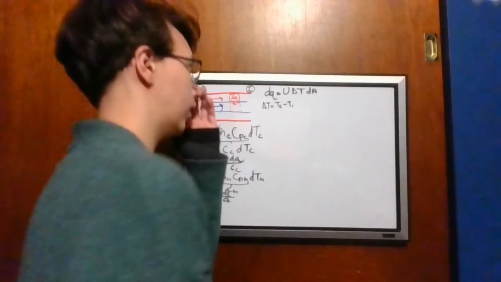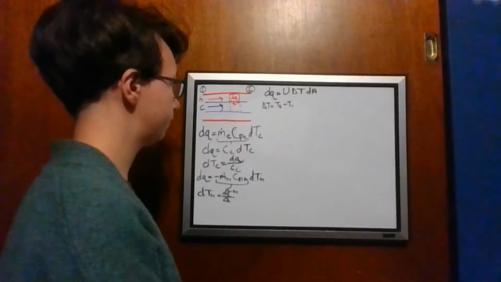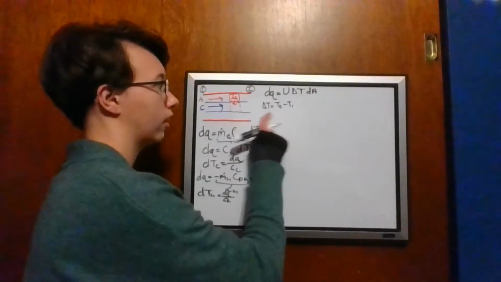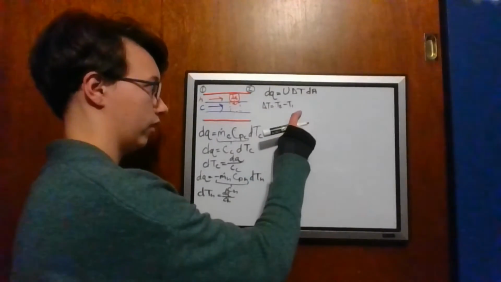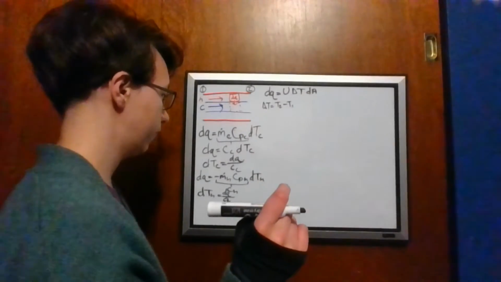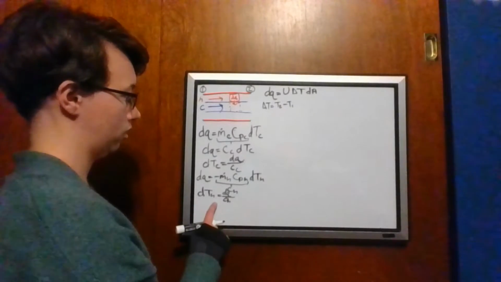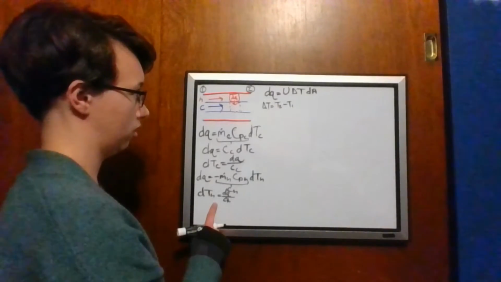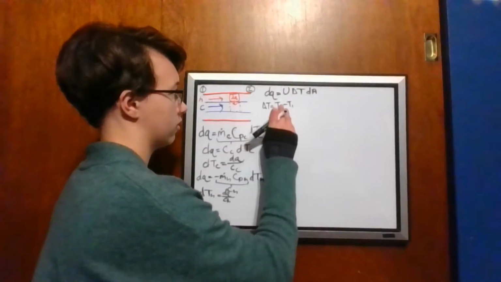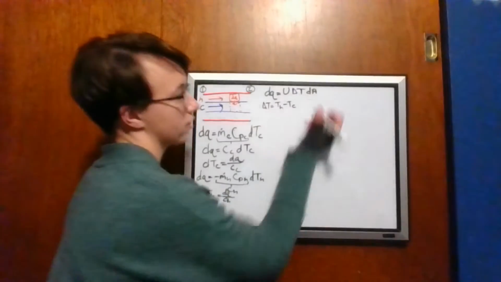Alright, so then from here, we can take the differential of this equation. I'm sorry, this is not T2 minus T1, this is the temperature of the hot fluid minus the temperature of the cold fluid.